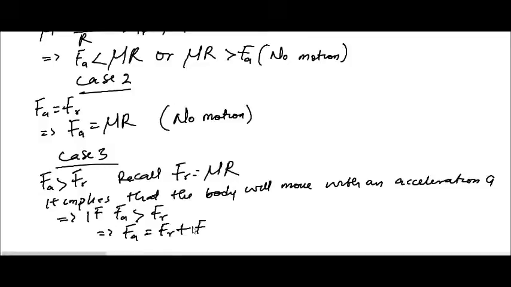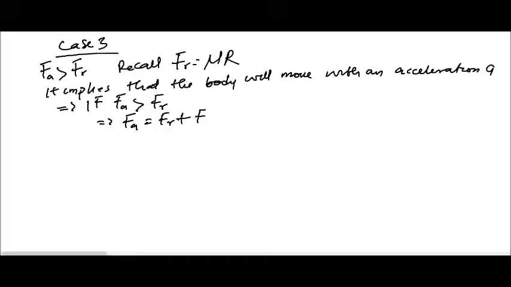What does that statement mean? It implies that since it is greater, then there will be motion. So this particular F is the force that is required to cause the body to accelerate.